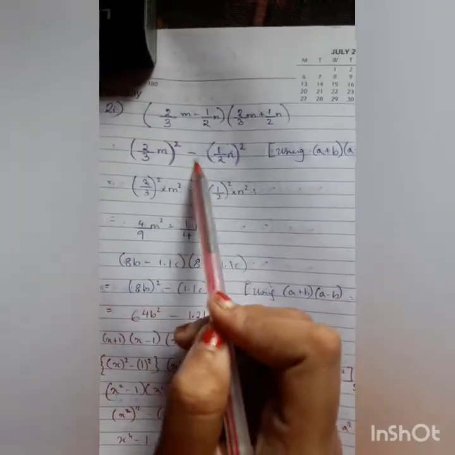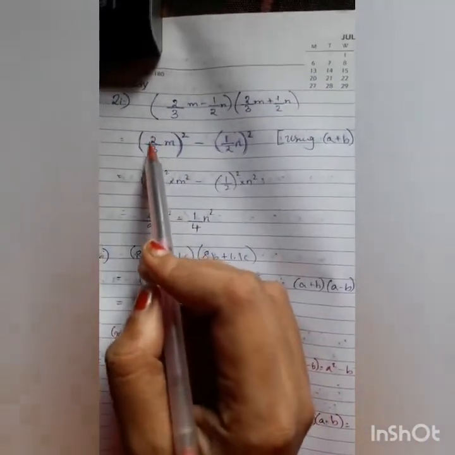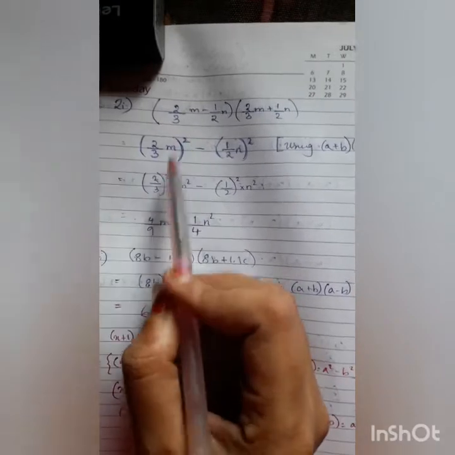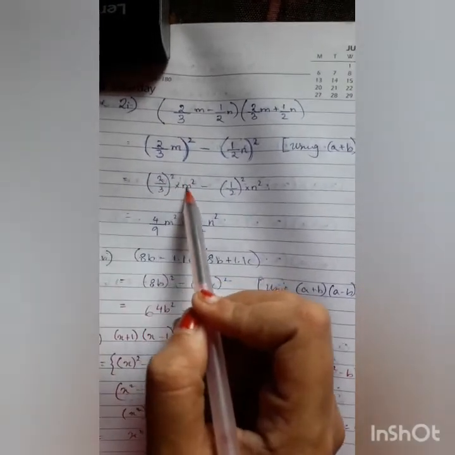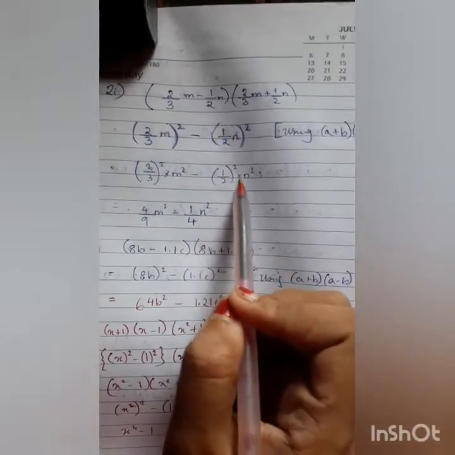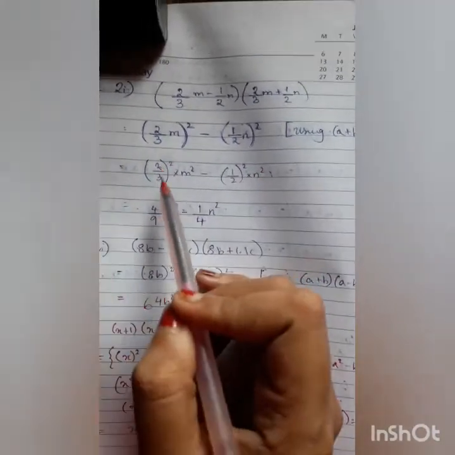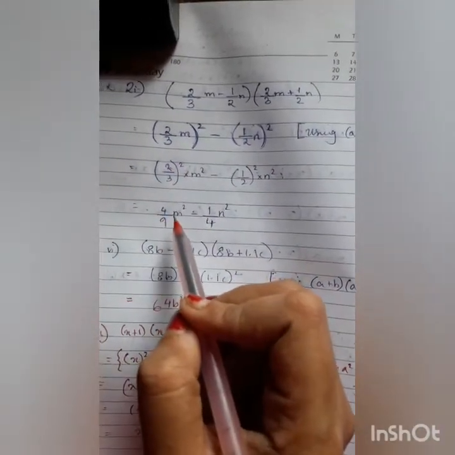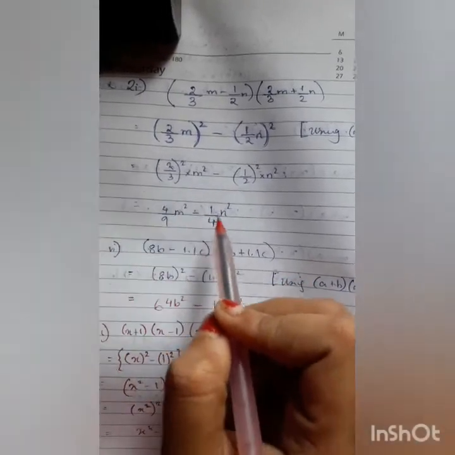A square minus b square. Individual terms will be squared. That is (2 by 3) whole square into m square minus (1 by 2) whole square into n square. So (2 by 3) whole square is 4 by 9 m square minus 1 by 4 n square.